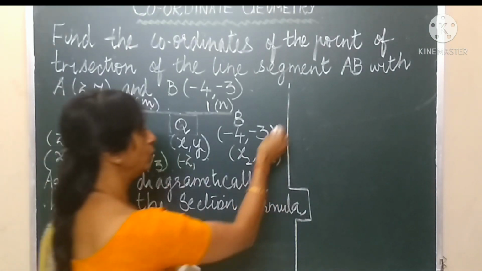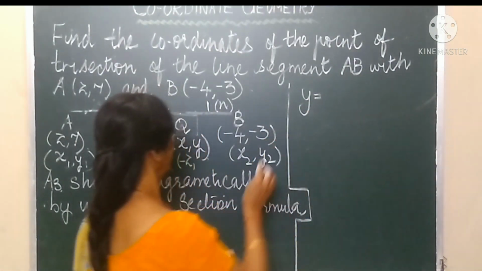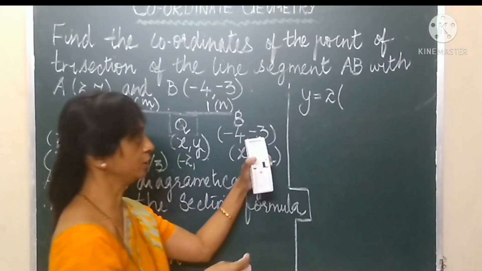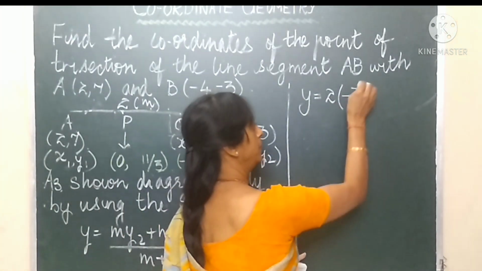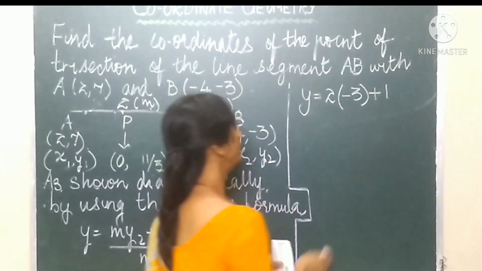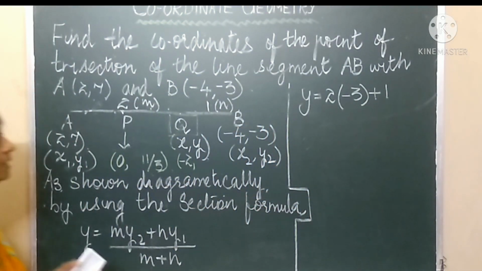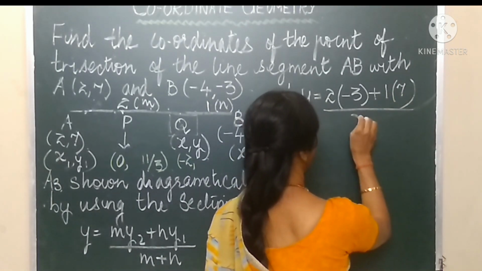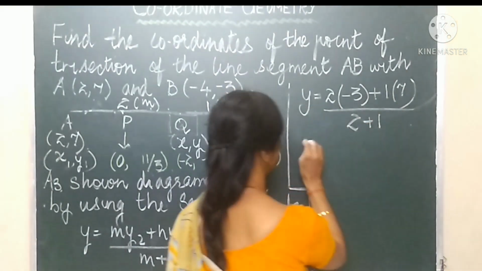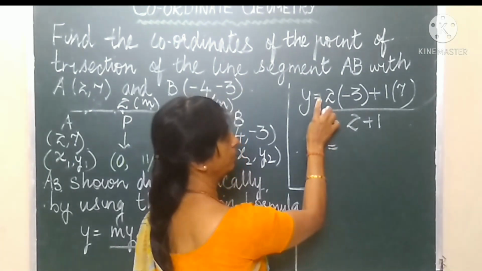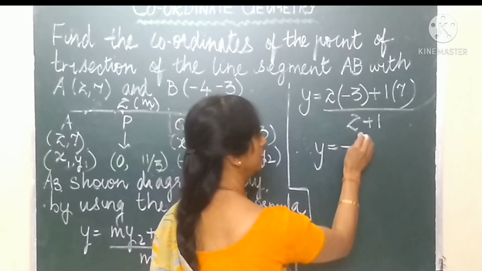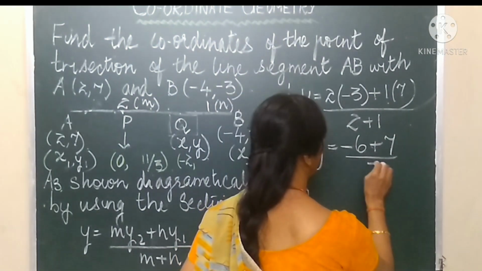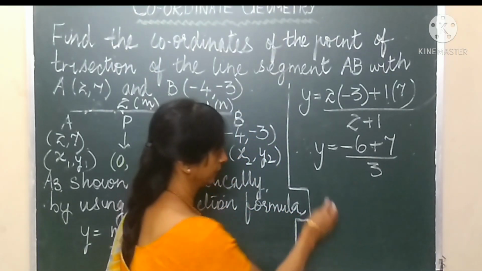Y, the unknown, remains as it is; m times y2, that is minus 3, plus n times y1, y1 is 7, upon m plus n. Thus y will be equal to plus into minus is minus, 3 twos are 6, plus 7 ones are 7 upon 3.